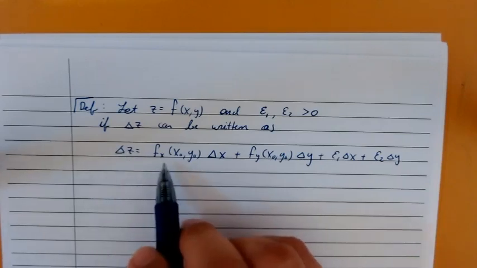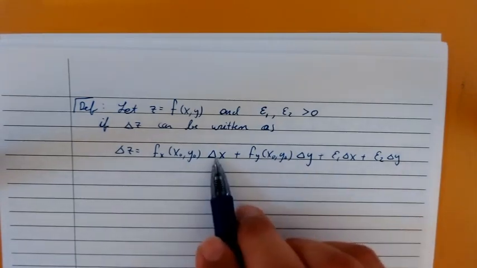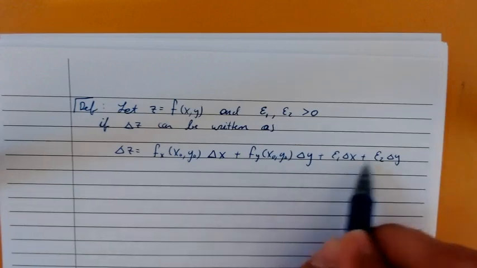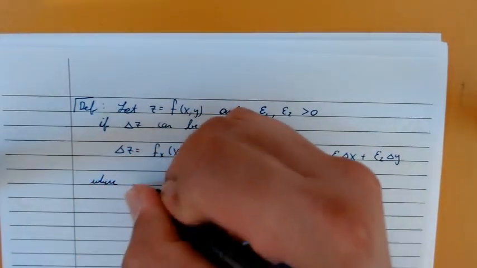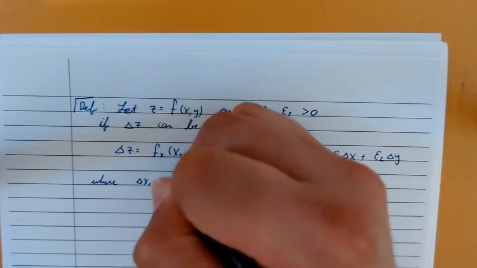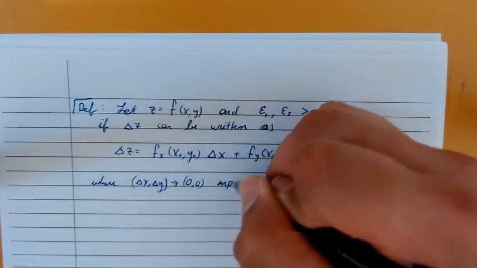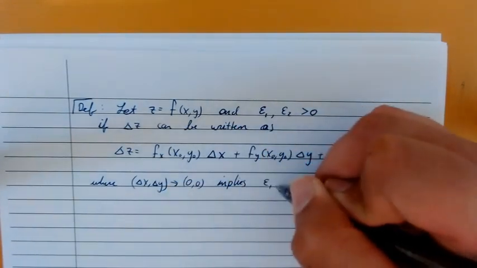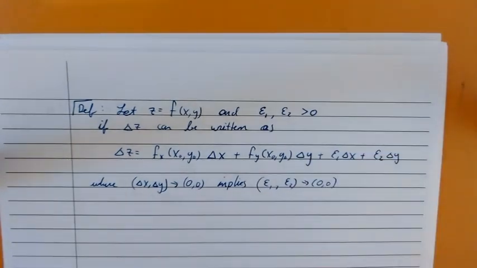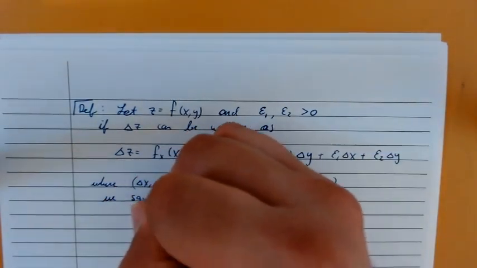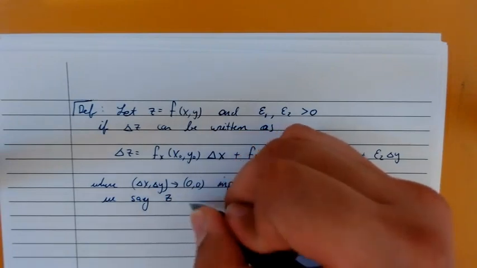If this increment can be written as this expression, where as our increments of x and y approach 0, our epsilons approach 0, where delta x, delta y approaching 0, 0 implies that epsilon 1 and epsilon 2 also approach 0 and 0, then we say that z is differentiable at the point x naught, y naught.